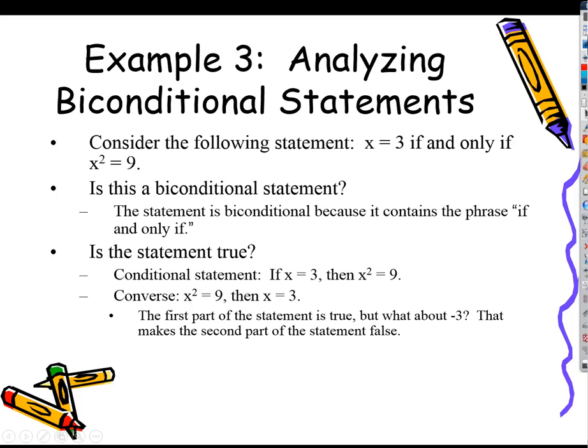If I were to say, if x equals 3, then x squared equals 9, is that true? That is true, right? But if I try the converse, if x squared equals 9, then x equals 3, that's false, right? So is this a valid biconditional statement? No, it's not. Okay? All right.